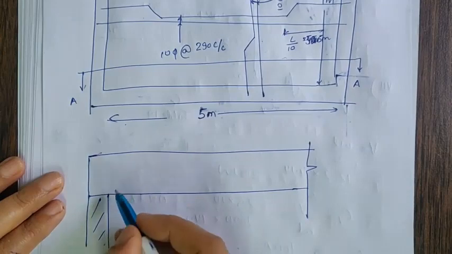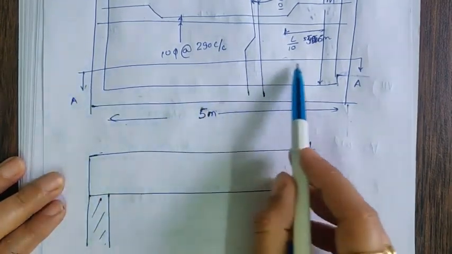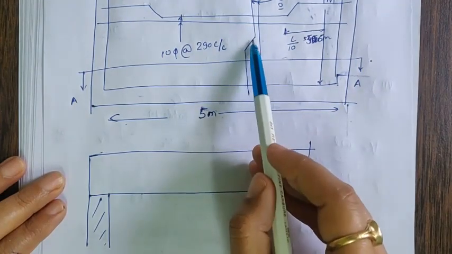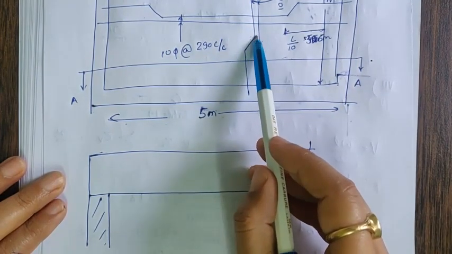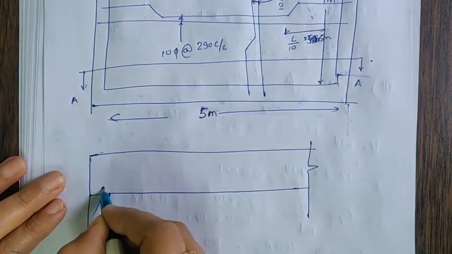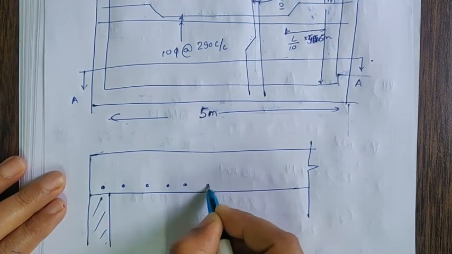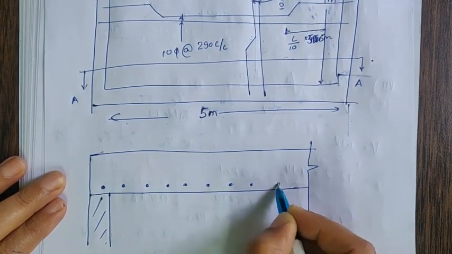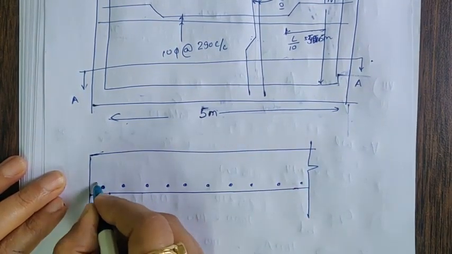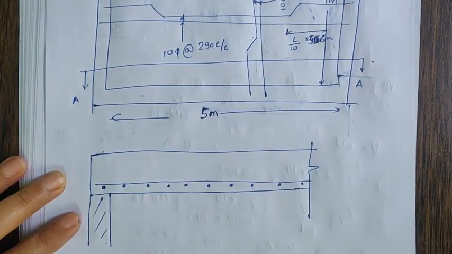Now this section is having, see, when you are drawing this particular section, these are the main bars that are cut, that are shown as cut. Okay, that are cut by the section. The main bars are at the bottom. The other bar, that is at the top.